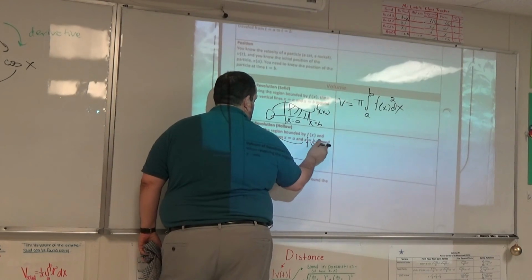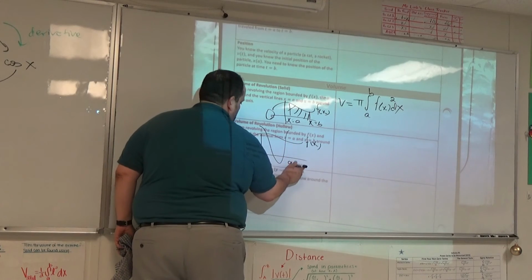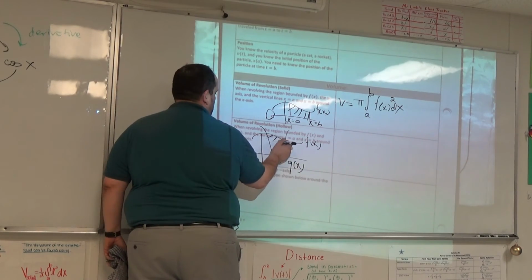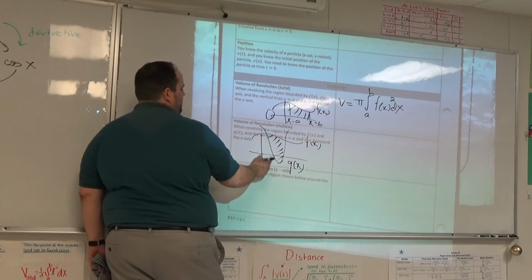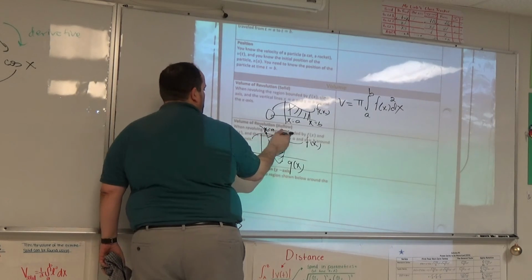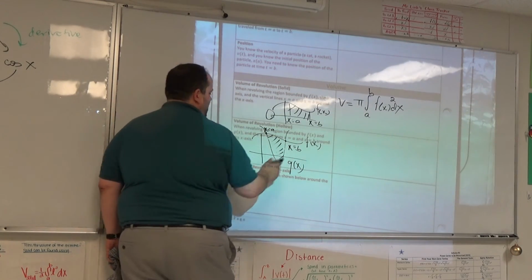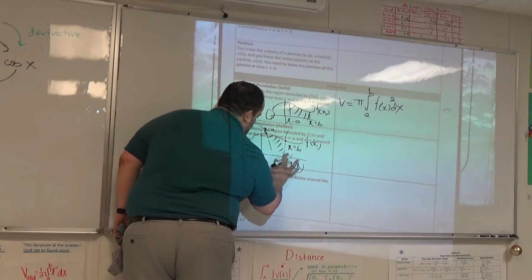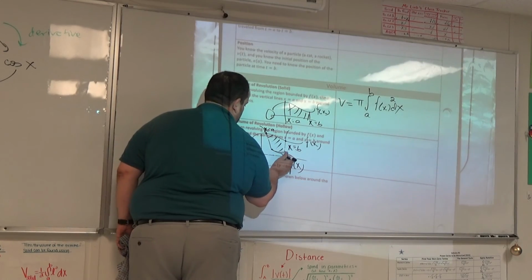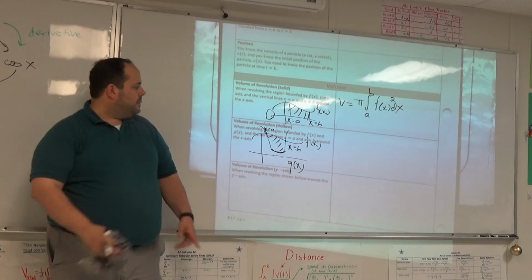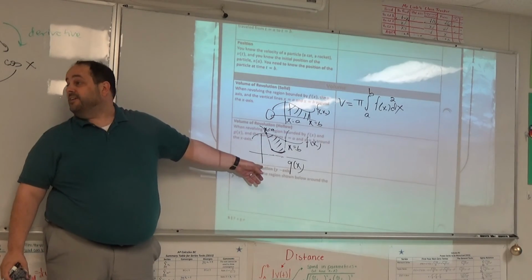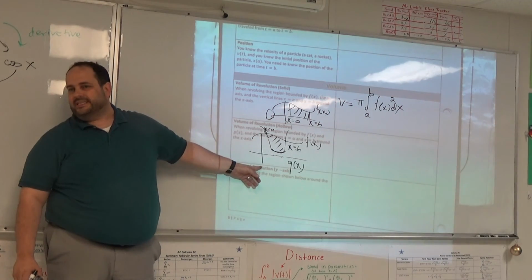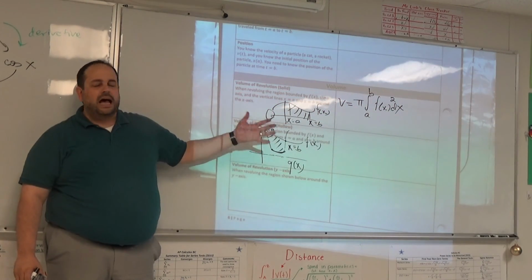Okay, here's f of x. Here's g of x. Here's some function from a to b. Taking that little region, spinning it around the x-axis, the question that we would always ask back in the day: hollow or solid?